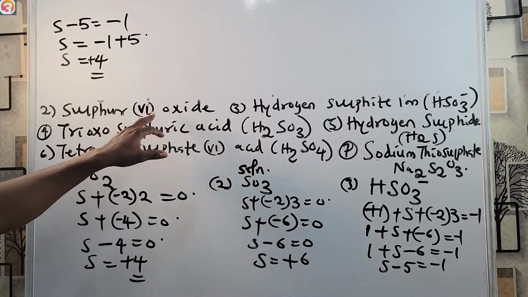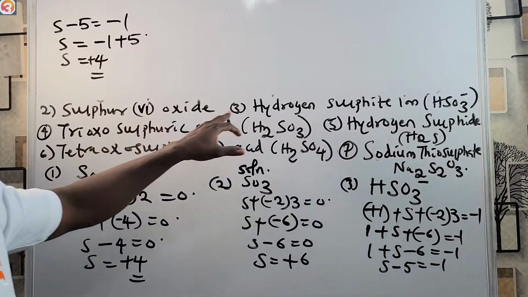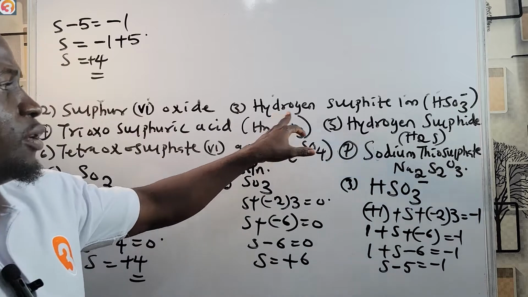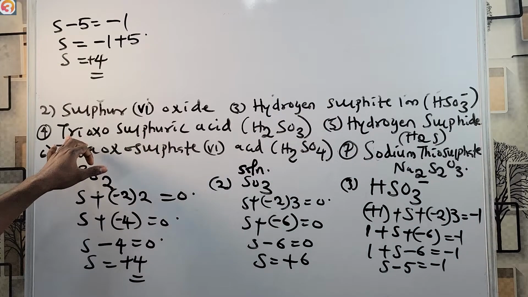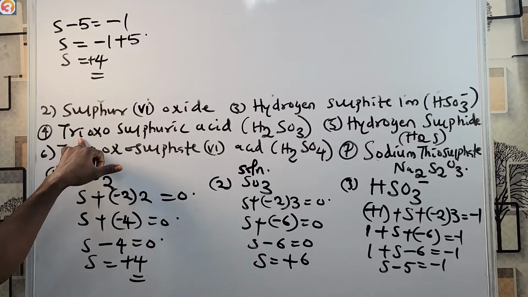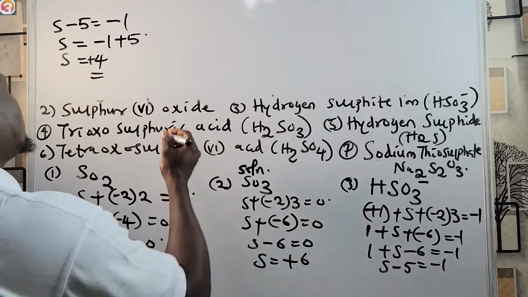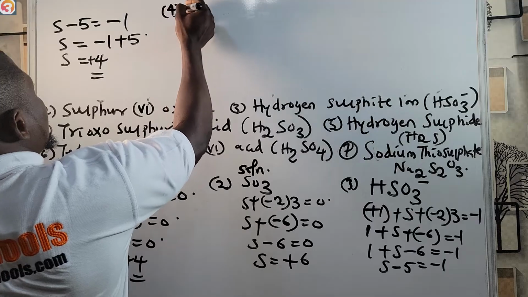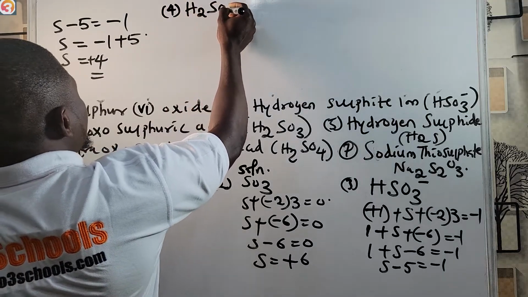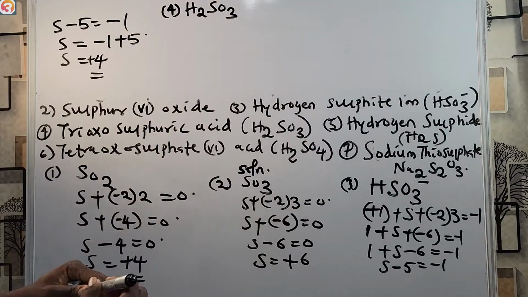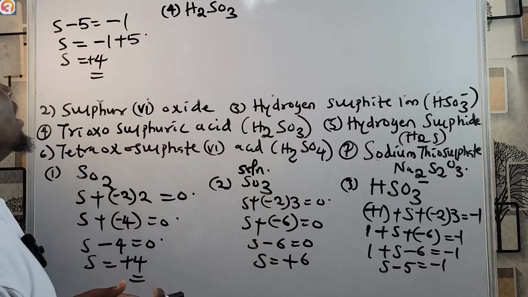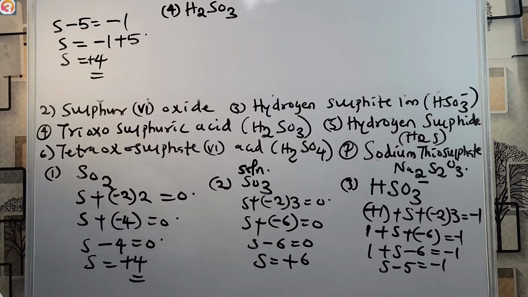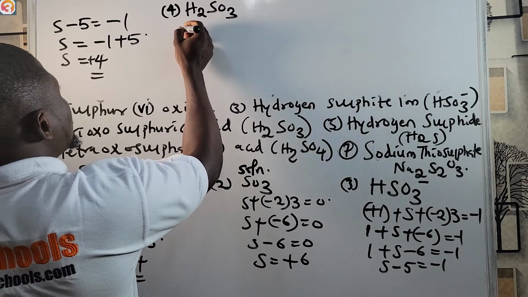Now, let's look at the next one. We have done the sulfide, the hydrogen sulfide ion. So now we're looking at trioxosulfuric(IV) acid, that's H2SO3. Let's see, that is number 4. We're looking for the oxidation number of sulfur in H2SO3. The same thing we do.